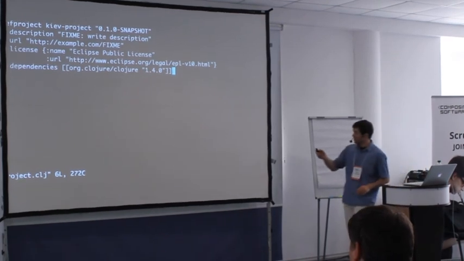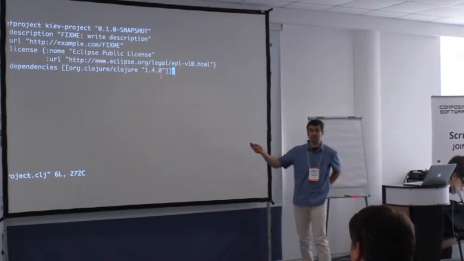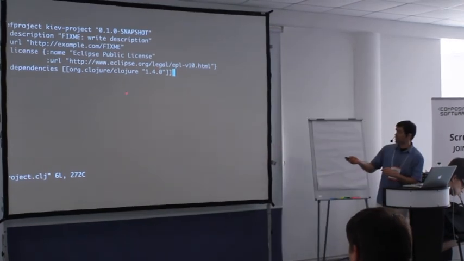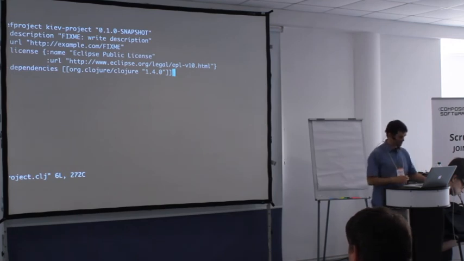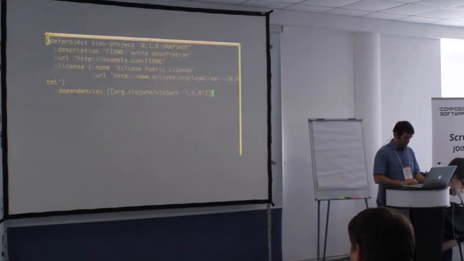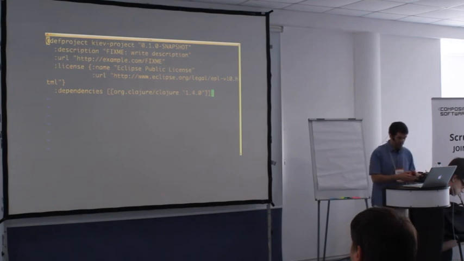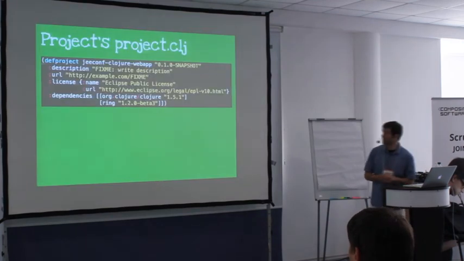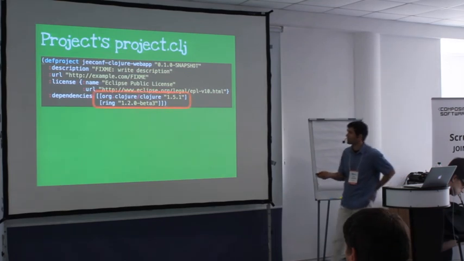Okay, and you know, this is the very basic project CLJ. Now I could change it to include my dependencies. Since I did this before I started this presentation, I'm not going to do it. Okay, let's move on.